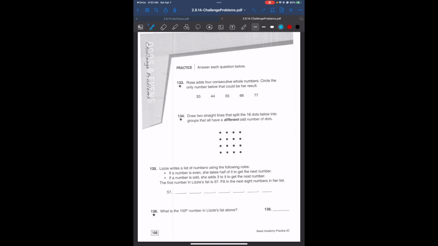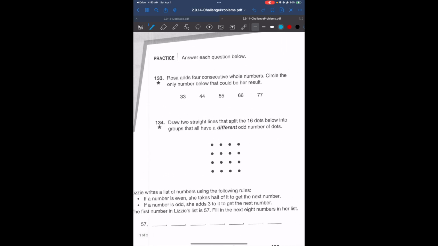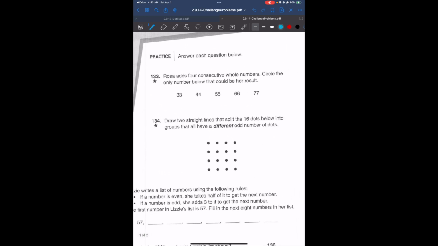It says Rosa adds 4 consecutive whole numbers, and circle the only number below that could be her result. Last time when we talked about consecutive whole numbers, we know that if it starts with odd, it's going to go to even, back to odd, and so forth.